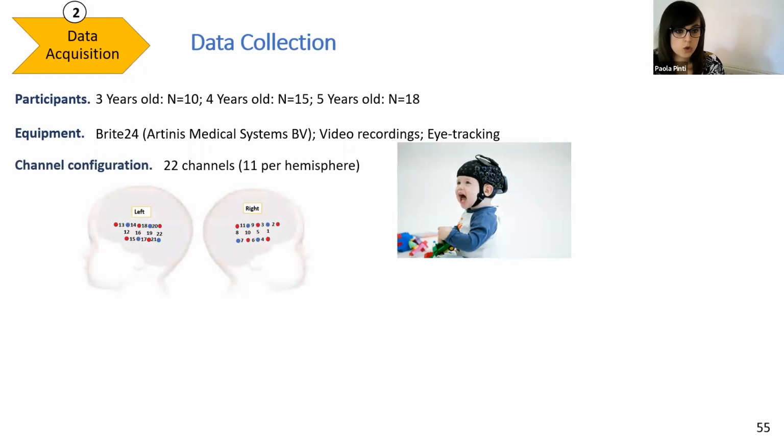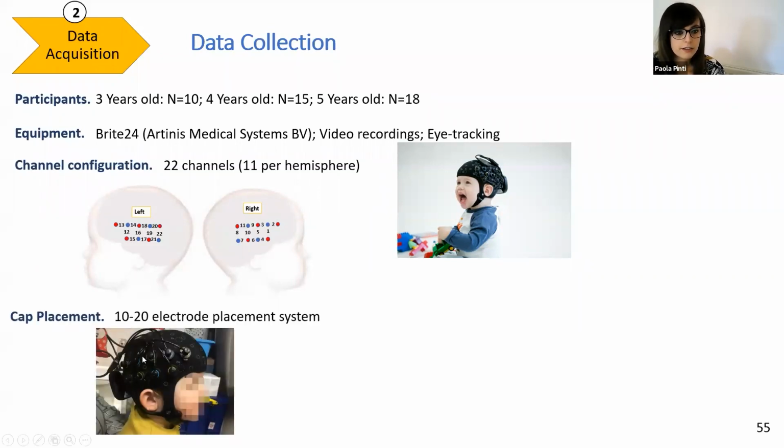We used 22 channels in total, 11 per hemisphere, covering the temporal-parietal regions on both sides. For the cap placement, we used the approach described by Renata earlier on, so we place the cap and the optodes using the 10-20 landmarks on the baby's head.